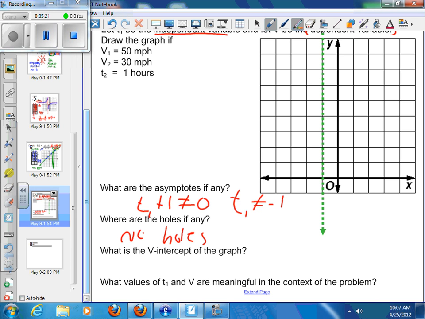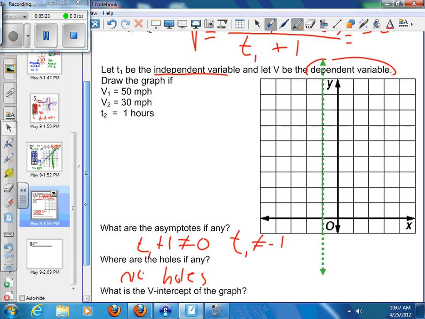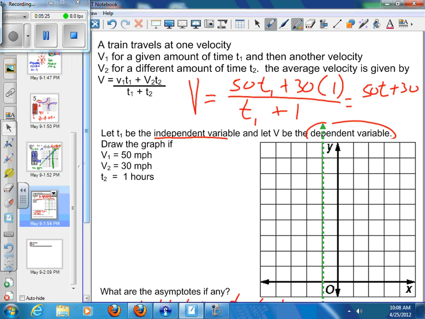And then we want to find the y-intercept of our graph. So we're going to need to maybe do an x and a y table here, which is actually a t sub 1 and v table. So t sub 1 is our x and v is our y.